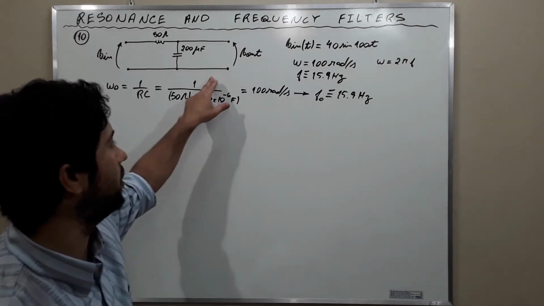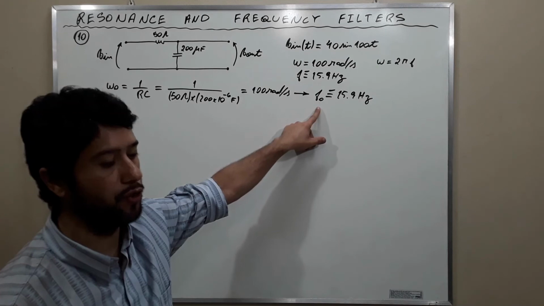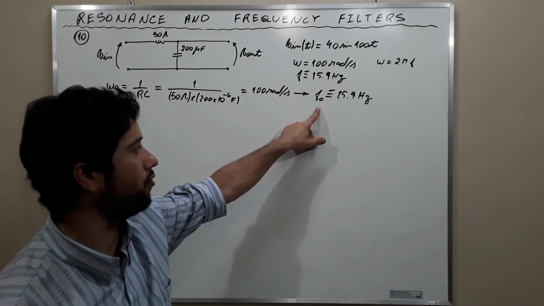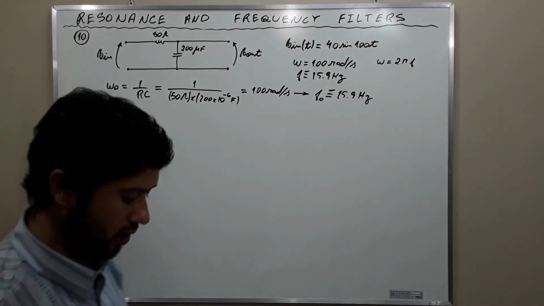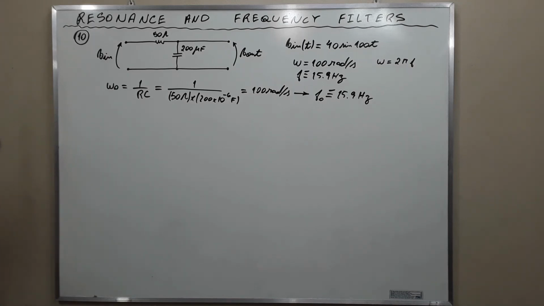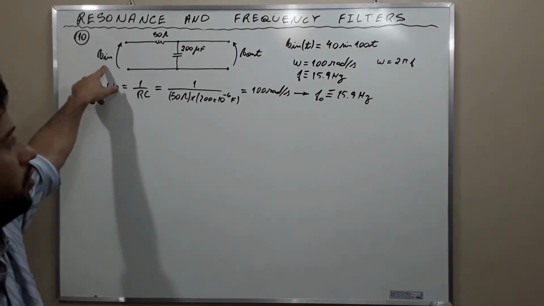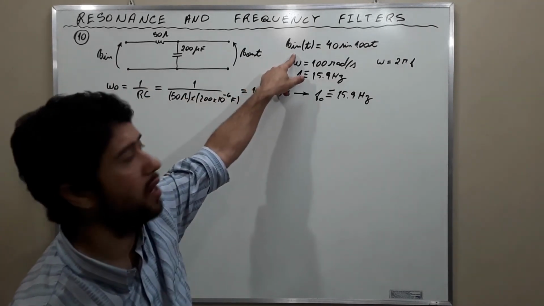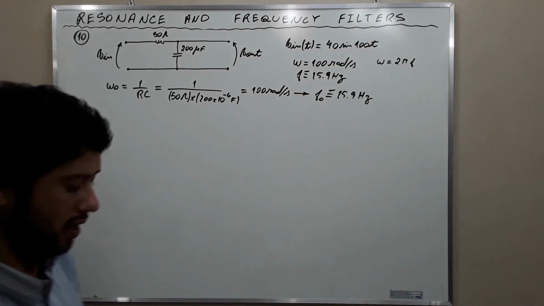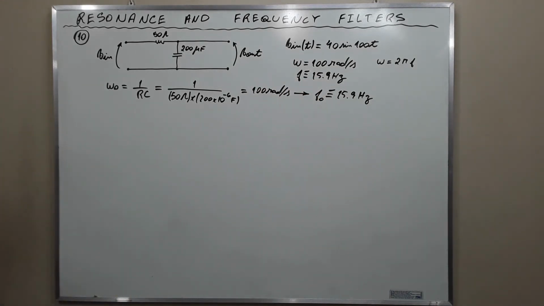But in this case here, the half power frequency or the cutoff frequency is 15.9 hertz. As you can see, the input signal is precisely at the cutoff frequency. The frequency of the input signal applied is precisely at the cutoff frequency.